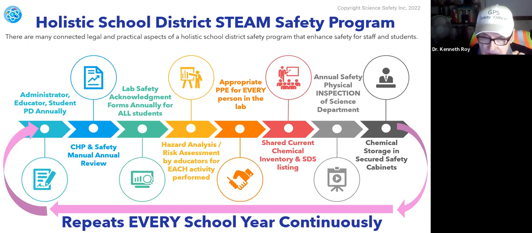Because besides legal safety standards, there's something called in the courts better professional safety practices. So the NSTA, for example, the National Science Teaching Association, states in their safety papers that you need to have a chemical hygiene or a chemical safety, whatever you want to call it, plan.